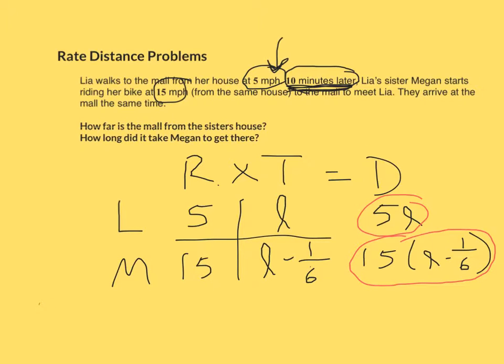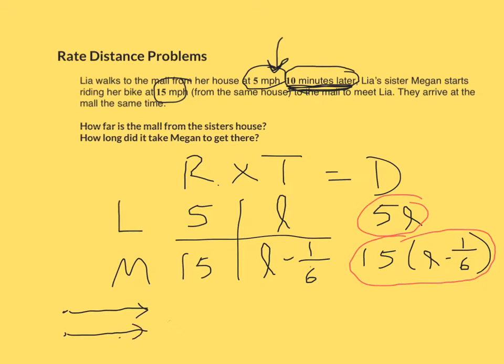Another one is where the 2 girls go in opposite directions. They start at the same place and go apart, and then their 2 distances add up to some total distance apart. But in this case, they both start from home and they both end up at the mall.